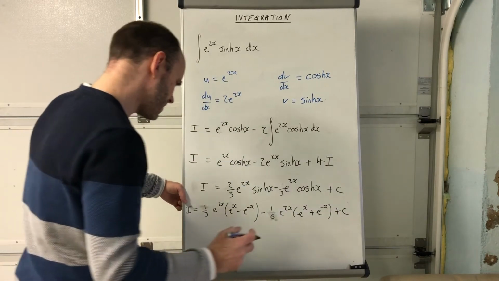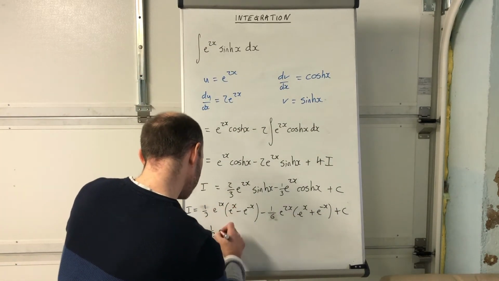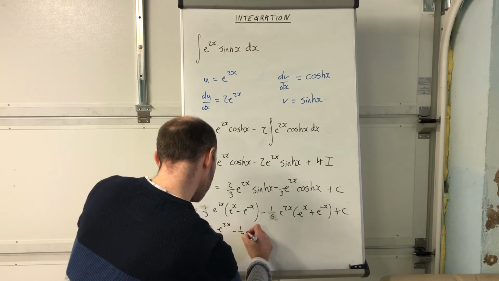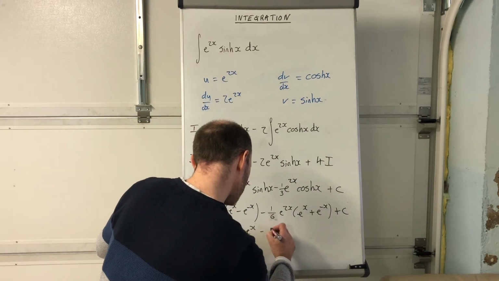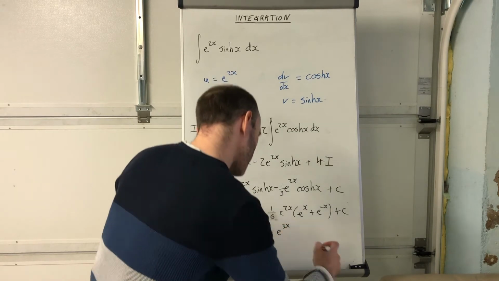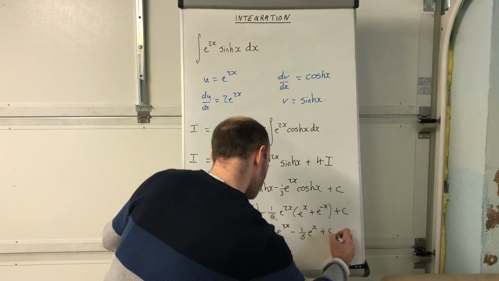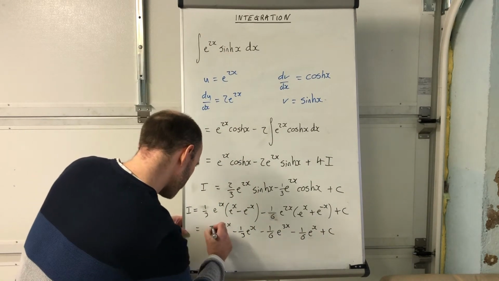And let's just see if we can simplify this a little bit. So it will be 1/3 e to the 3x, subtract 1/3 e to the x, and then subtract 1/6 e to the 3x, and then subtract 1/6 e to the x, plus c. 1/3 is the same as 2/6, isn't it?